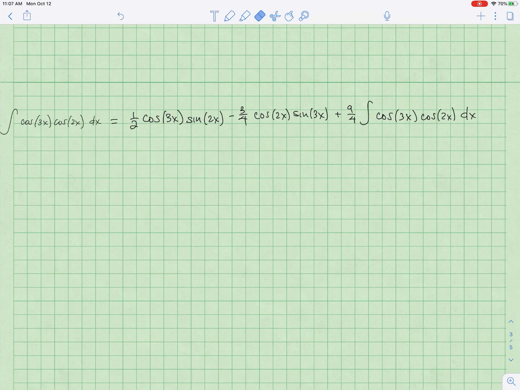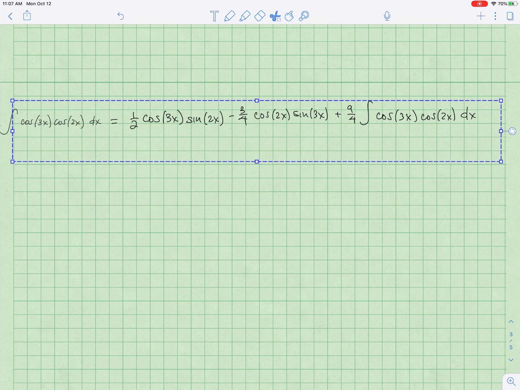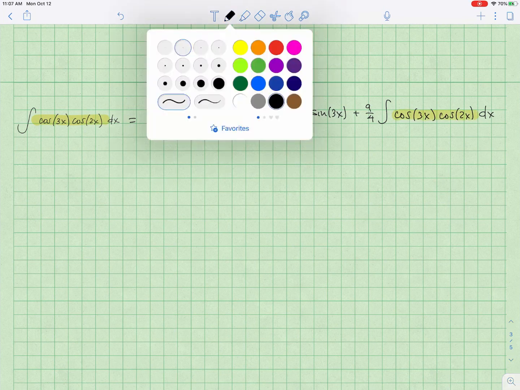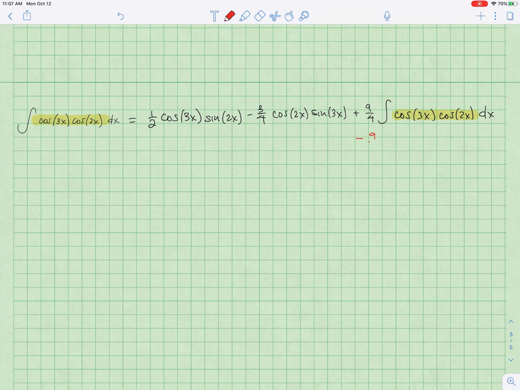And now what we can do here is bring this over so we can actually see what's going on. What we're going to do is use algebra at this point. We have arrived at the same integral on both sides. And so with a little bit of sleight of hand and some algebra here, we'll subtract 9/4 the cosine of 3x, cosine of 2x dx from both sides.